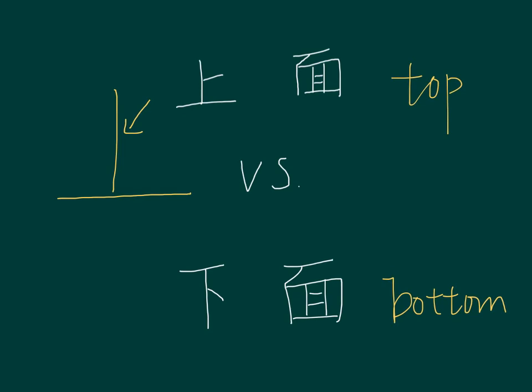Now, if this is a horizontal line and the line's going down and I have an arrow pointing at it, of course it means down, 下. I hope you can get it this time by looking at this explanation: horizontal line, up, arrow; horizontal line, down, arrow.